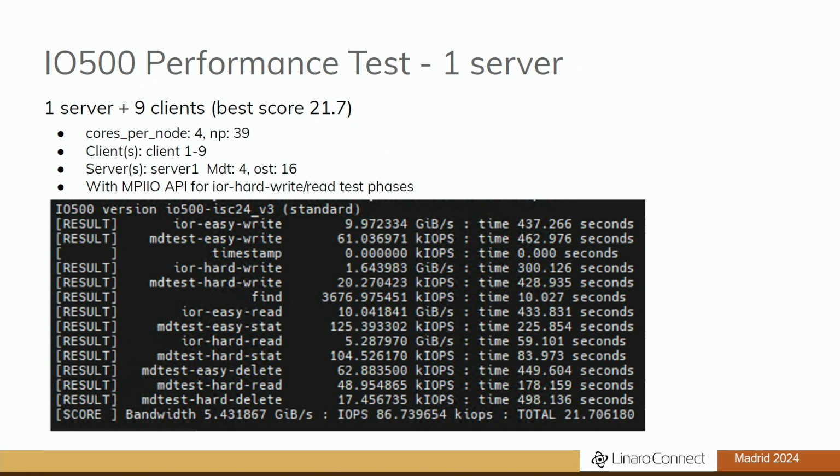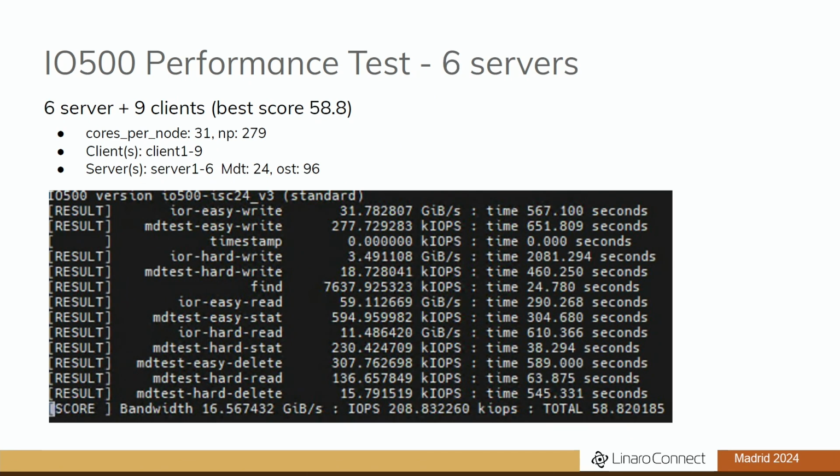You can see the BMW has already reached the hardware limit. And this is the multi-node test. The best score we get is 58.8.